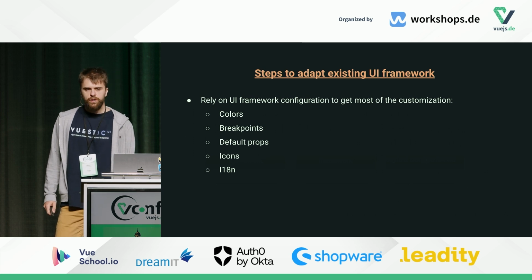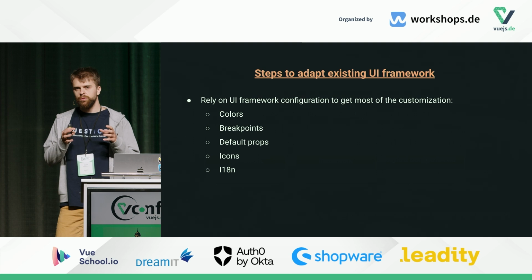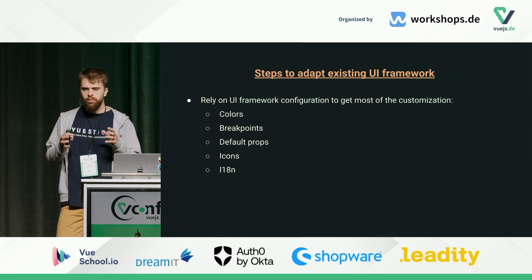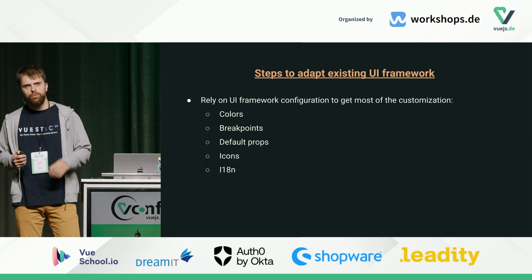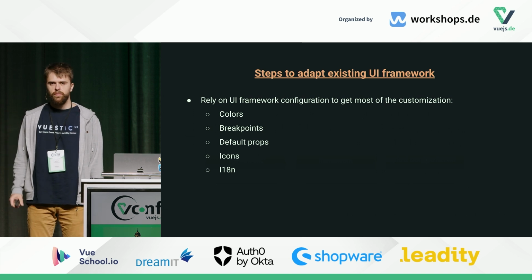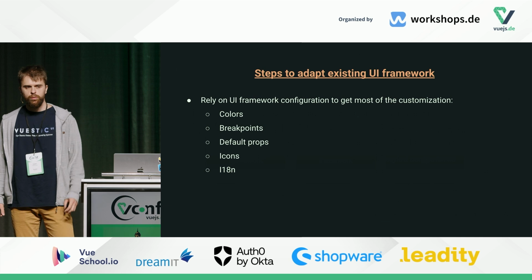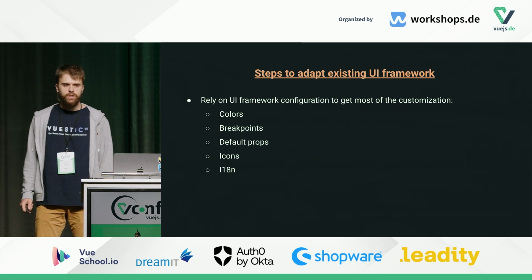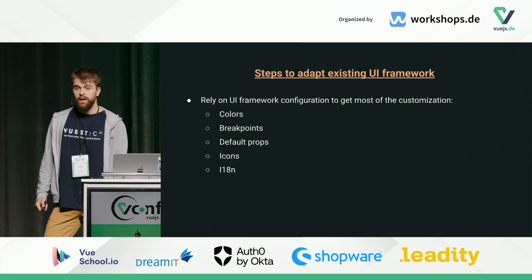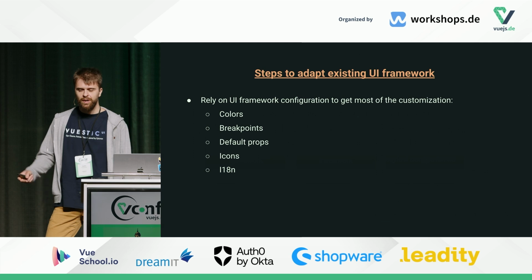When you adapt existing UI frameworks, you want to maybe extract it into your UI library in a different repository and try to use as much of this framework configuration as you can. Generally, that would include something like colors, breakpoints, default props. It's a modern thing right now, so you can globally define props.